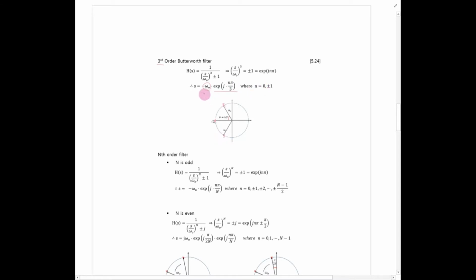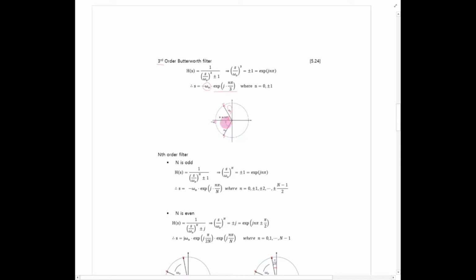So this one has these 3 poles. If we select equal angles like this, the 3 different poles are selected on the left hand side, where the corner frequency is the radius of the circle. So poles can be selected this way.